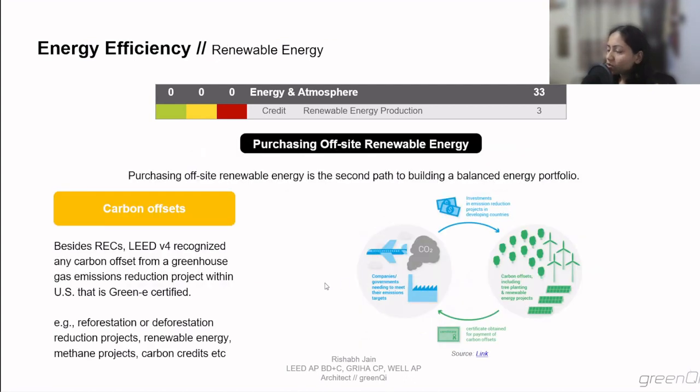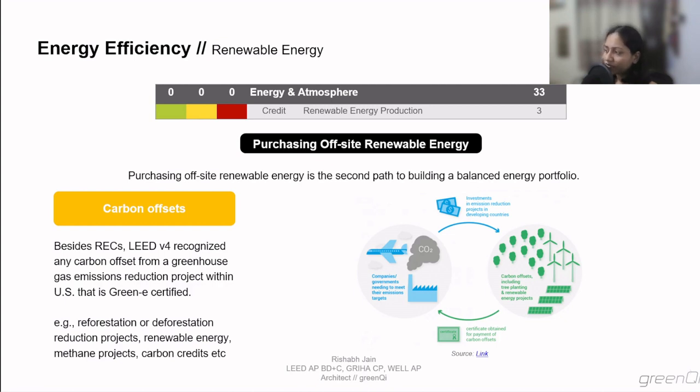And there are also some terms called carbon offsets. Besides RECs, carbon offsets are basically when you're offsetting your carbon emissions. This doesn't necessarily include energy. So this could be offsetting your emissions through reforestation or reducing deforestation, or through carbon credits or methane projects.